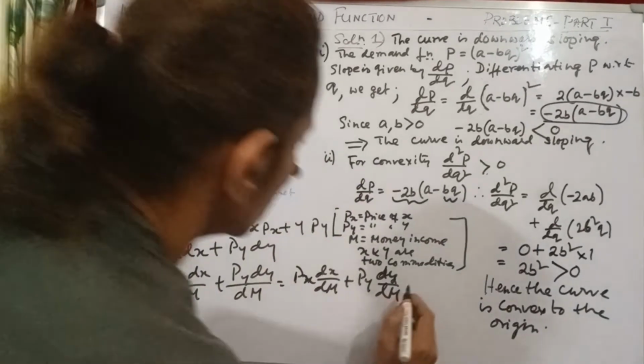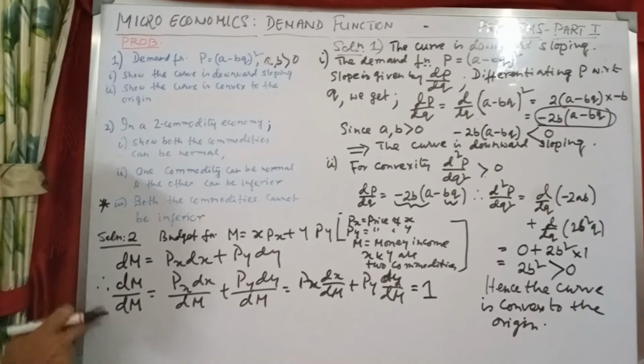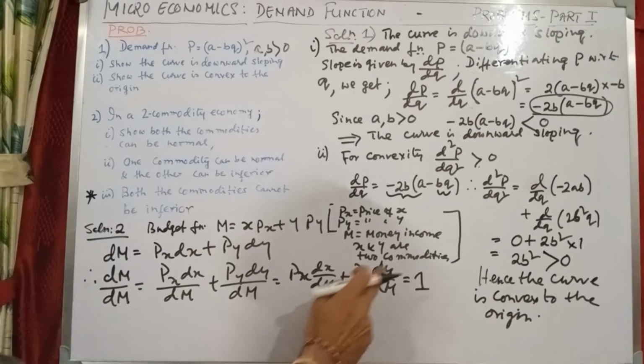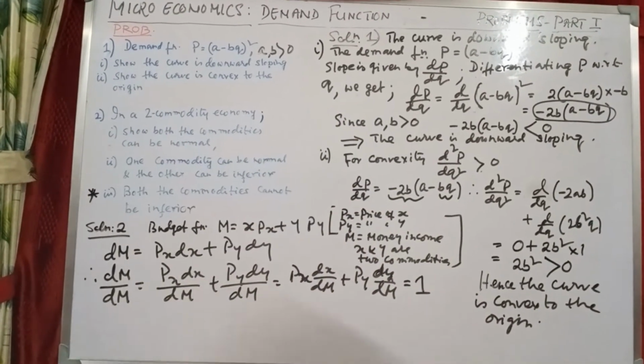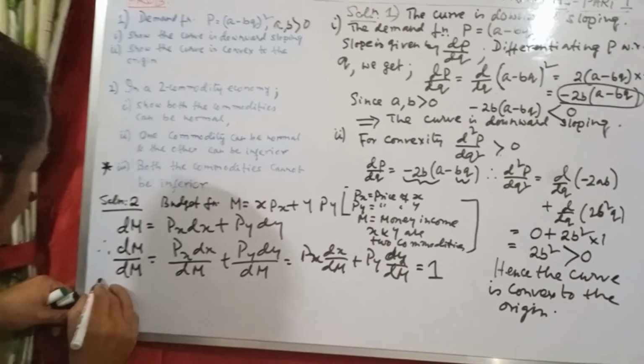Now dm by dm is equal to 1. So px dx/dm plus py dy/dm equals 1. Now come to number 1.